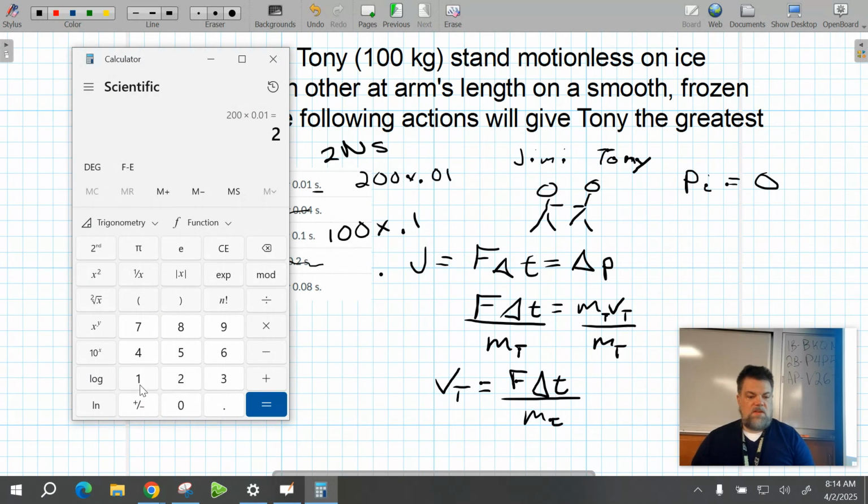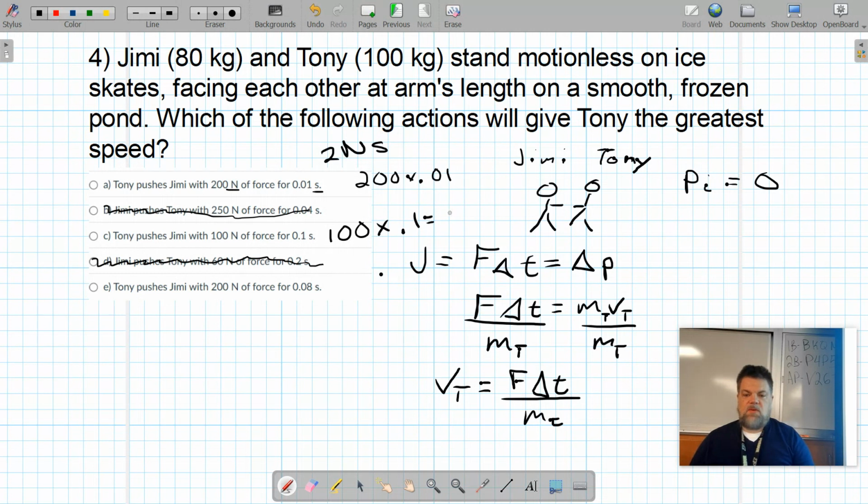So this is 100 newtons times 0.1 seconds. Yeah, that's going to be 10. So that equals 10 Newton seconds. And then over here, I've got 200 newtons times 0.08 seconds.